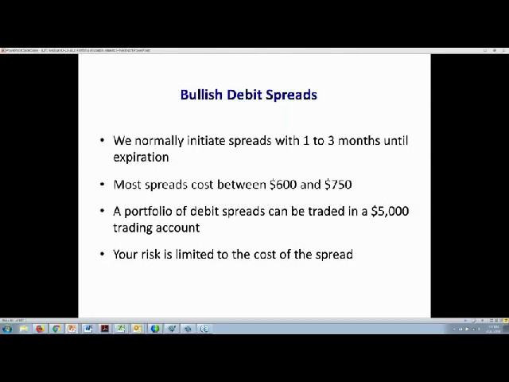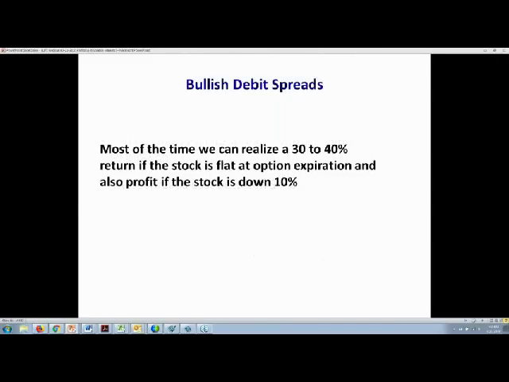We normally initiate spreads that are 1 to 3 months out until expiration, and most of the spreads cost between $600 and $750. So you can trade a portfolio of these debit spreads in a $5,000 trading account. And again, your risk is limited to the cost of the spread.